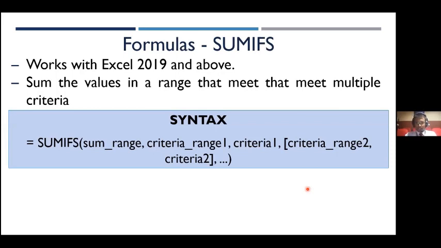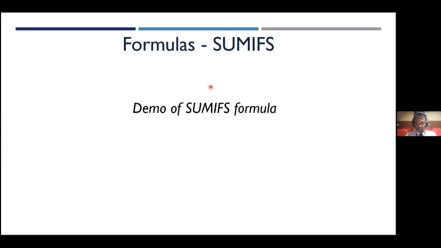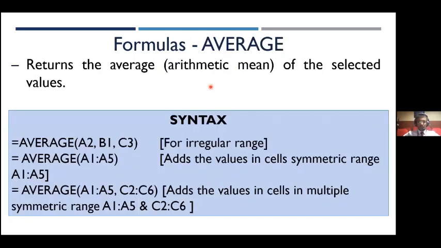The next formula that we are going to learn together is the average formula. We use average to calculate the arithmetic mean. Mathematically, you figure out the total sum and then divide it by the number of observations.